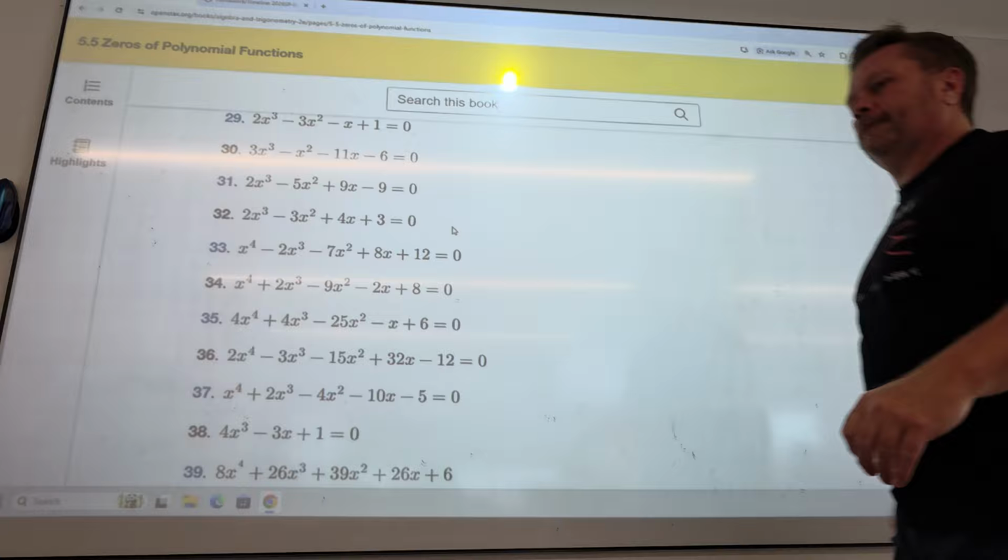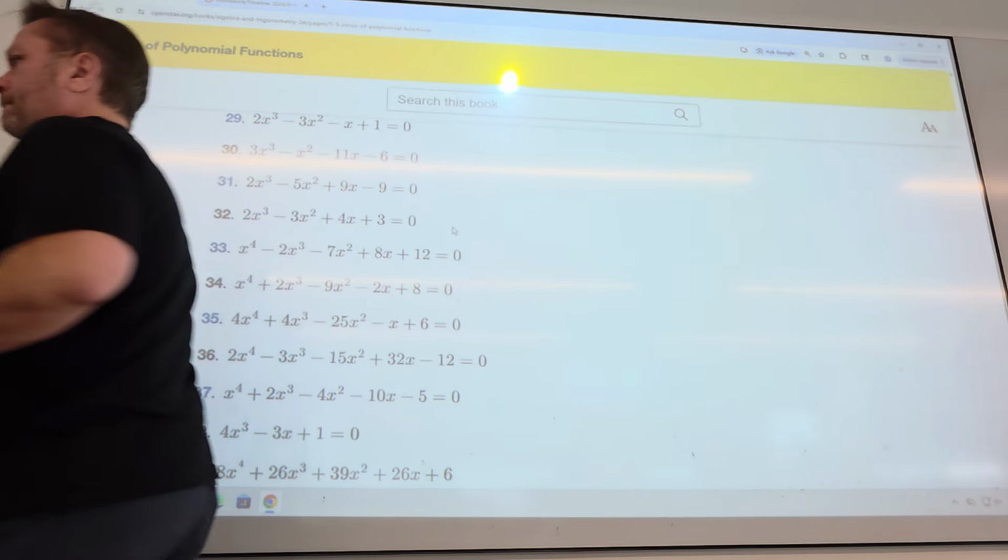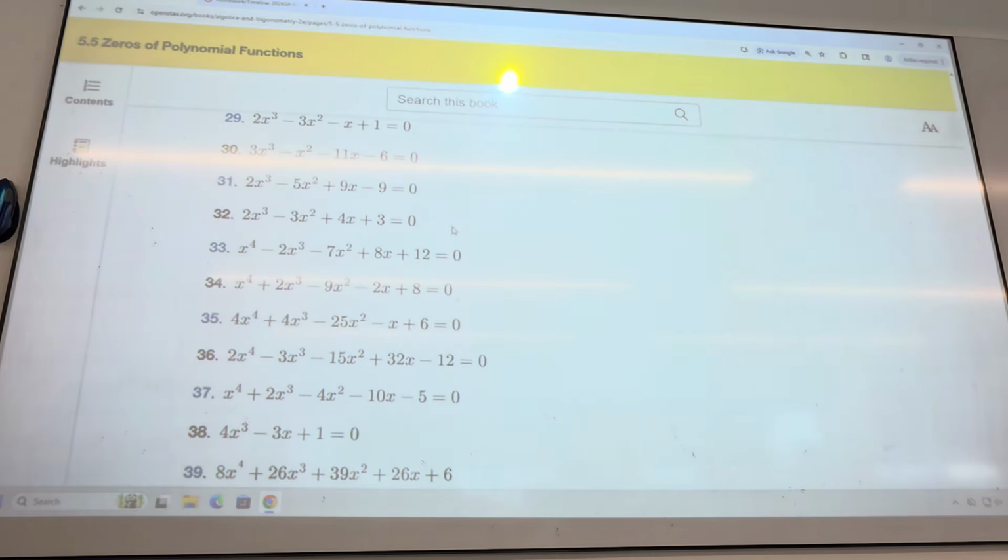What did your list look like? Plus or minus 1, 2, 3, 6, 1, 3, and 2, 3. Let me copy this down. Let me see. Oh, what have I done? Oh my goodness. There's stuff, minus 6 equals 0.